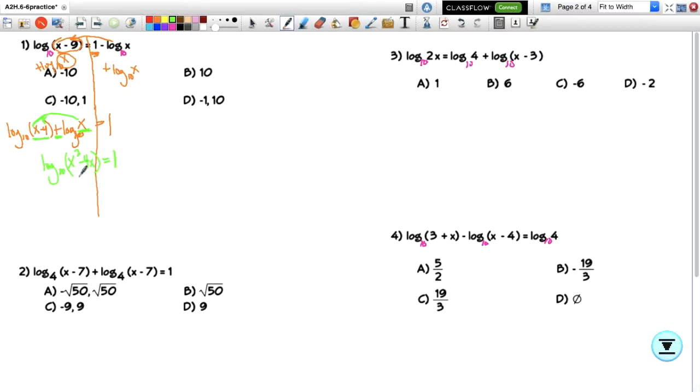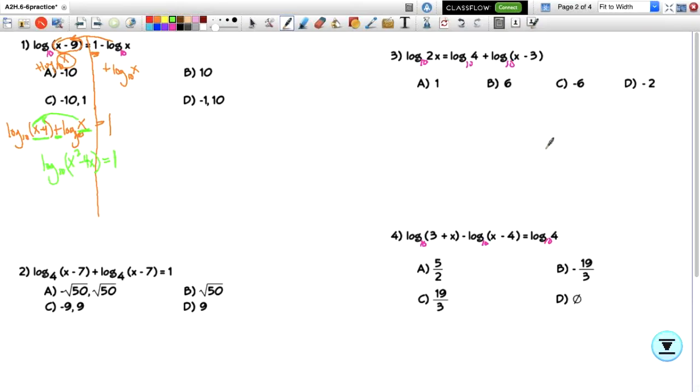So I'm going to take a quick look on the left-hand side. I'm going to say to myself, is there anything I can simplify here? Is there a coefficient I need to make a power? Is there anything else? And the answer is no. There's no coefficient, and there's only one log happening, so I can't simplify it any further. Now, at this point, once both sides are as simplified as they can be, there's two things that could happen. One thing that could happen is you have a log on one side and a constant on the other. Another thing that could happen, which you'll see in example 3 and example 4, is that you're going to have logs on both sides.